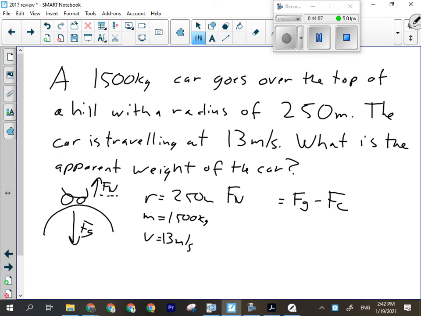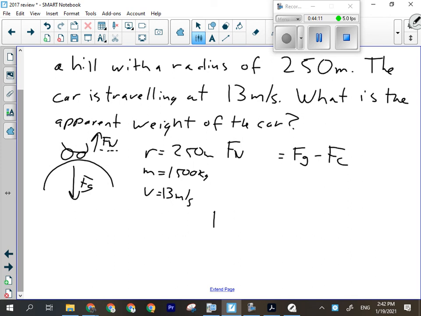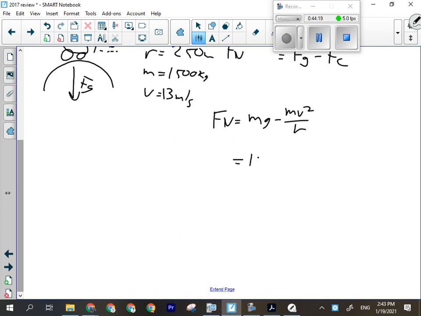Everybody okay with that? Now I can plug in my actual formula. Normal force will be m times g minus mv squared over r. So that's going to be 1,500 times 9.81 minus 1,500 times 13 squared divided by 250. Hopefully I picked numbers and I didn't get a negative number here.